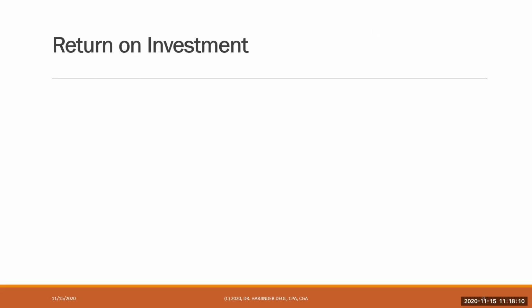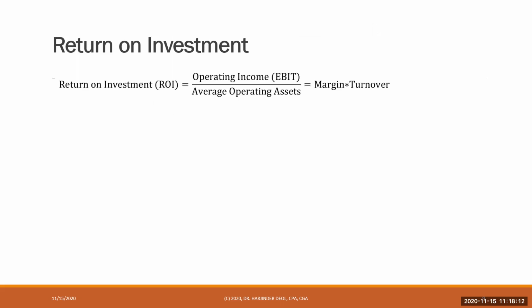Return on investment. The formula is you want to divide operating income, which is earnings before interest and tax, by the average of the operating assets.